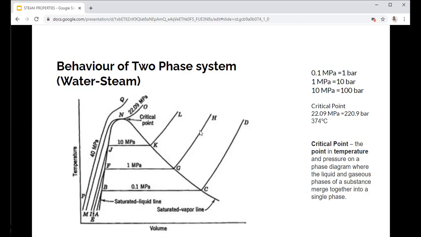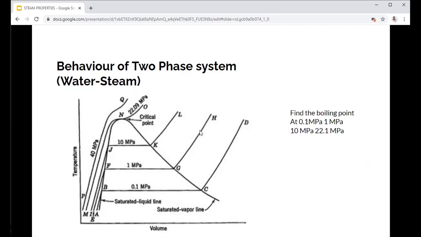For wet steam, we need to use the expressions hf plus x hfg, vf plus x vfg, and sf plus x sfg.